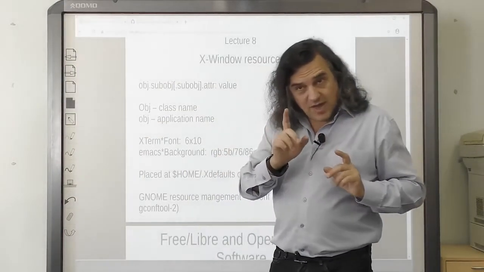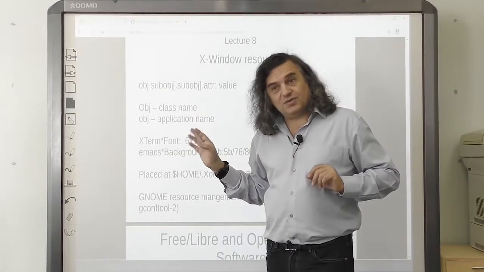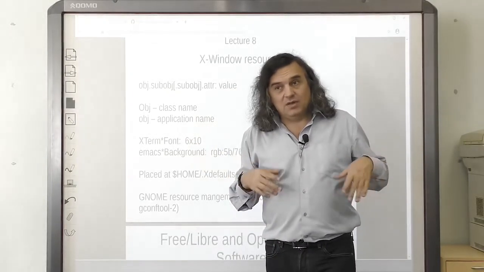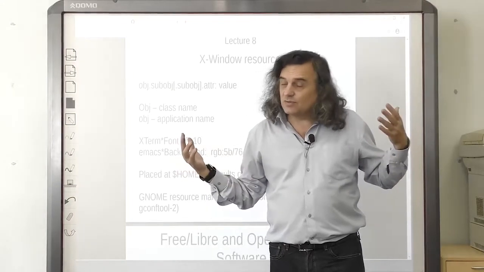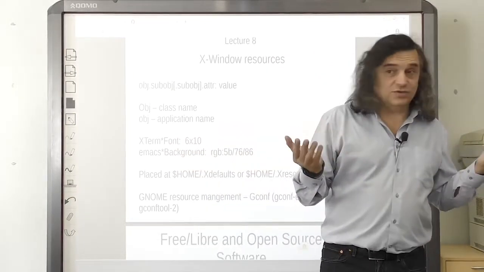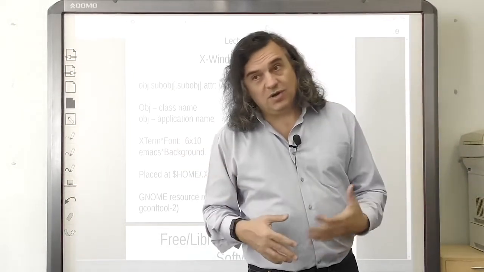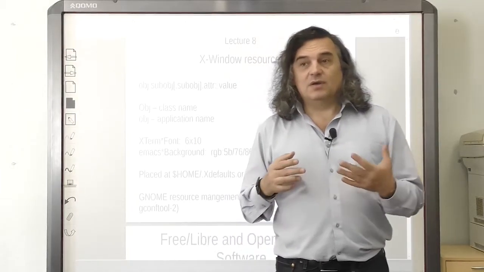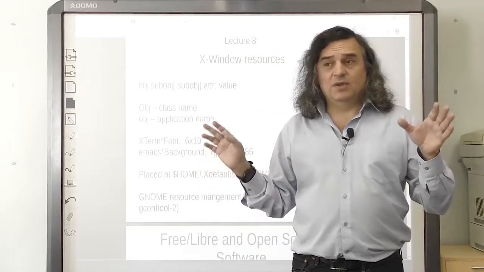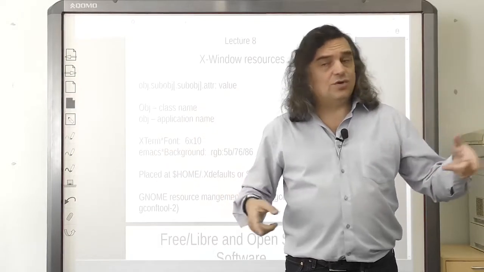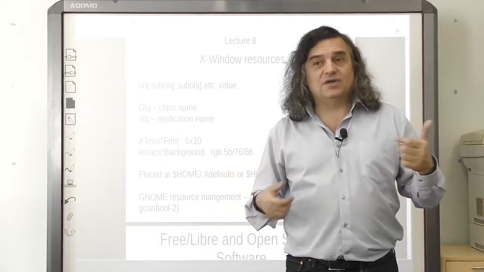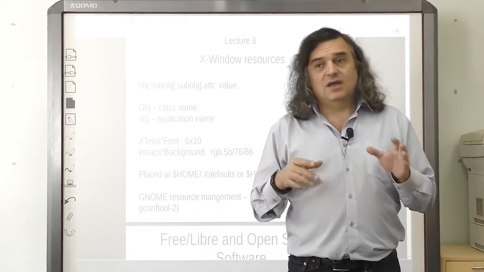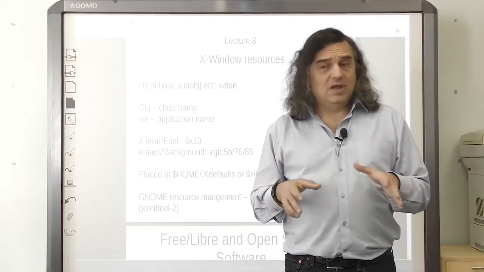And in X Window, the object-oriented paradigm was implemented even before it was implemented in well-known programming languages. Program components are named in a hierarchical fashion, with each node in the hierarchy identified by a class and an instance name.